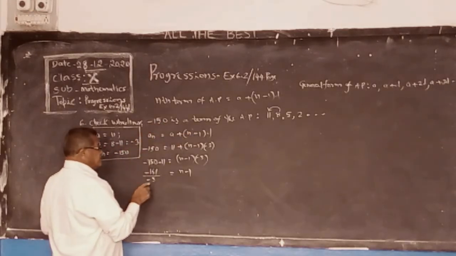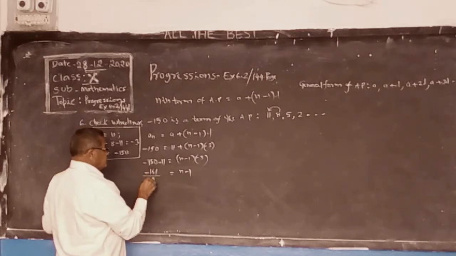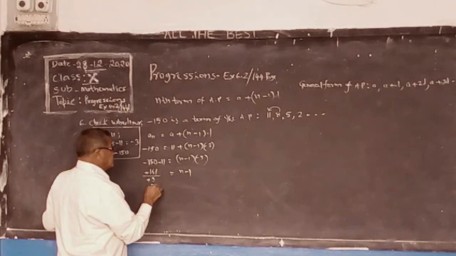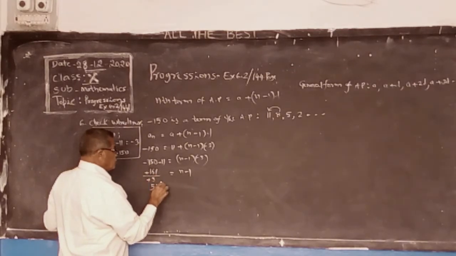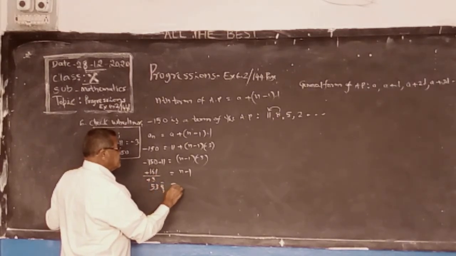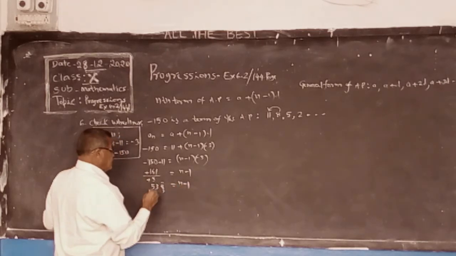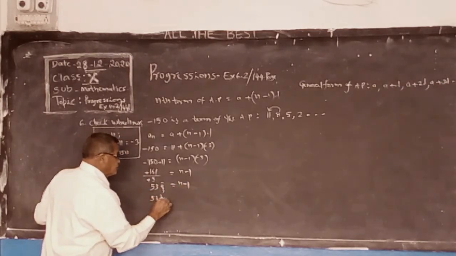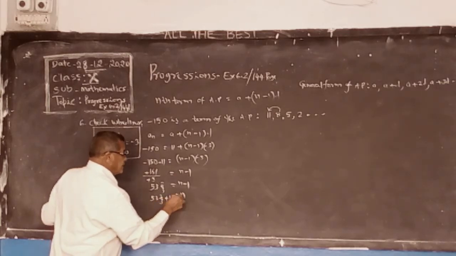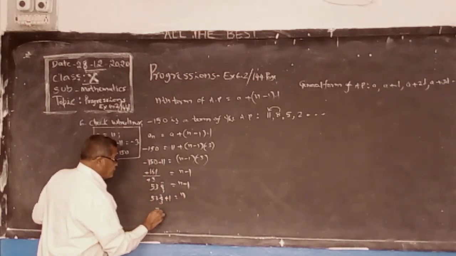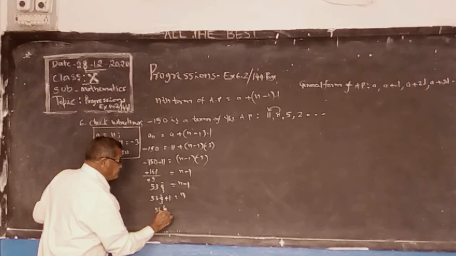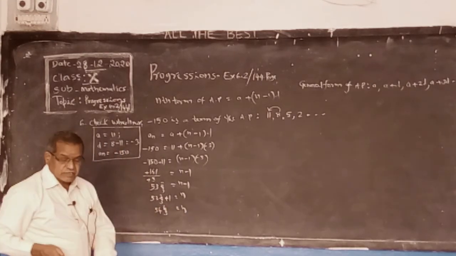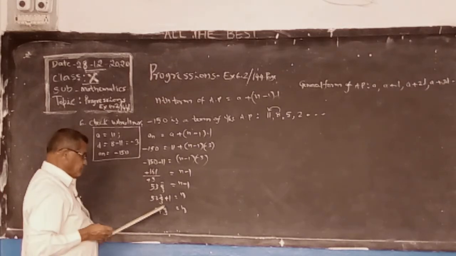Since 161 by 3 is 53 and 2 by 3, that is equal to n minus 1. Minus 1 will come this side as plus: 53 and 2 by 3 plus 1 is equal to n, so 54 and 2 by 3 is equal to n. n is always a whole number.